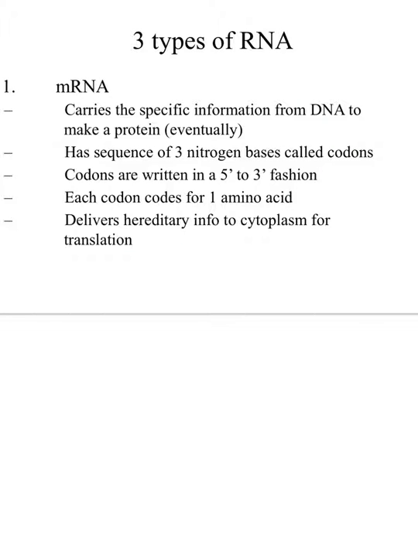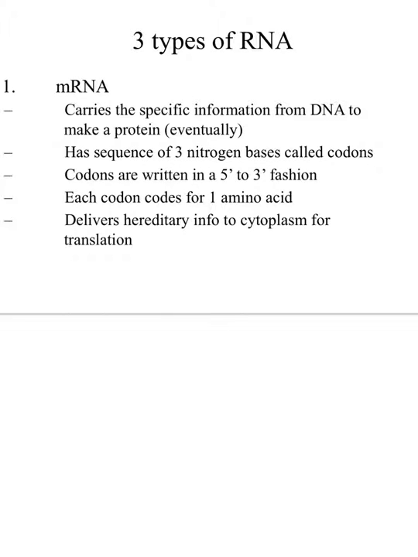First type of RNA is mRNA, messenger RNA. This is the main RNA that we need to make our protein, because mRNA is going to get the information from DNA and bring it to our cytoplasm. It has the letters, and those sequences of these nitrogen bases are always going to be in groups of 3. So like ACU, UCA, whatever they are.